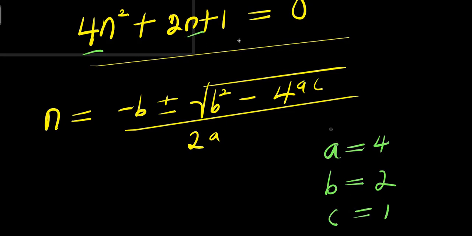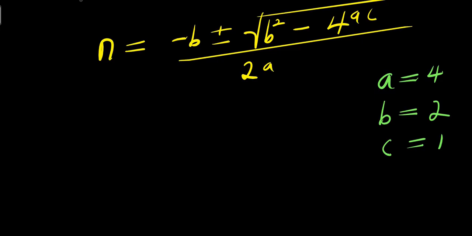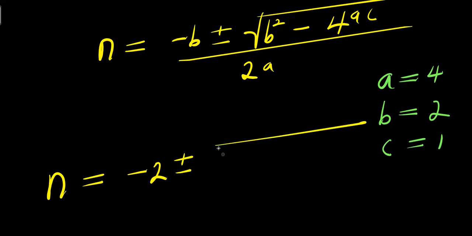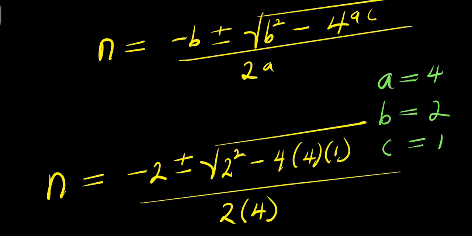And c equals 1, which is the constant here. So from here, I'll simply have n equals negative b, that's negative 2, plus or minus square root of b squared, we have 2 power 2, minus 4 times a times c, that is 1, divided by 2 times a, that is 2 times 4.